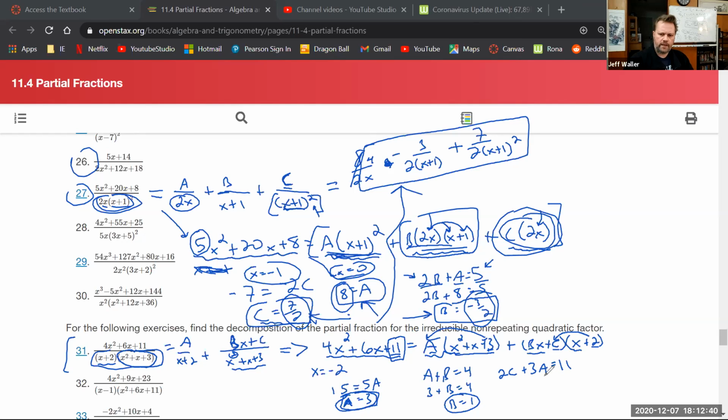And where was A? A is 3, so that's 2C plus 9, so 2C equals 2, so C is 1. Neato. So then the answer would be 3 over x plus 2, plus 1x plus 1 over x squared plus x plus 3.